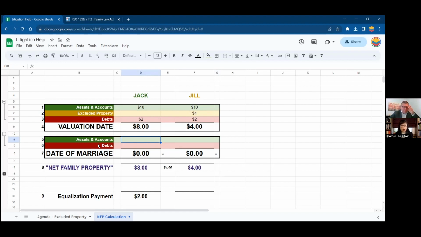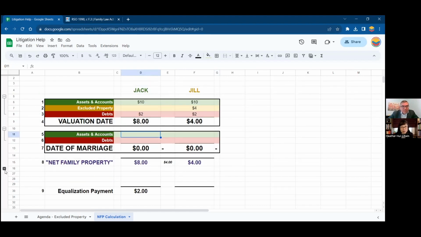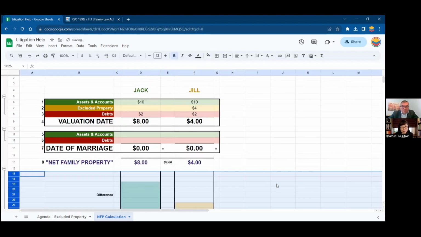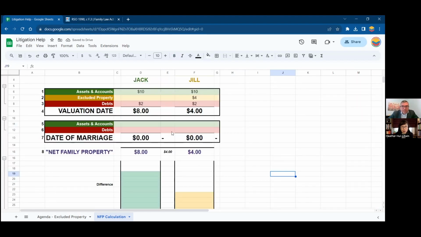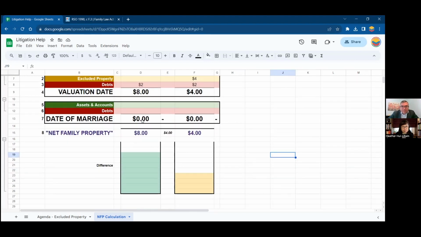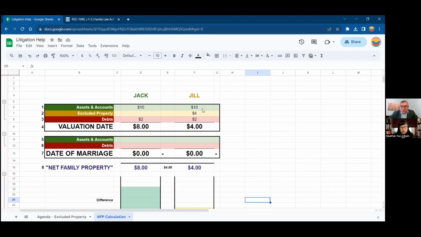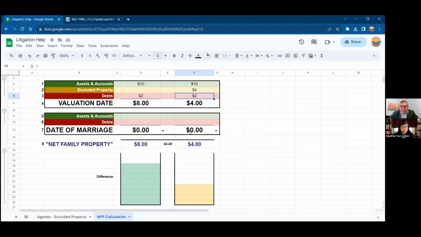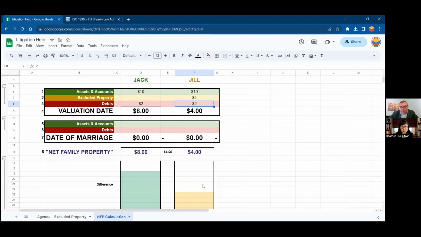Do you see how the yellow is not on the date of marriage? Very interesting. Now I'm just going to expand this so you can see it in living color, literally. If Jack is worth 10 minus the 2 debts, he's worth 8, and he has nothing on date of marriage, then his total is 8. Likewise, if Jill was worth 10, but she's able to exclude 4 of that 10, and she's able to subtract the debts, and she has nothing on date of marriage, then she's worth 4.